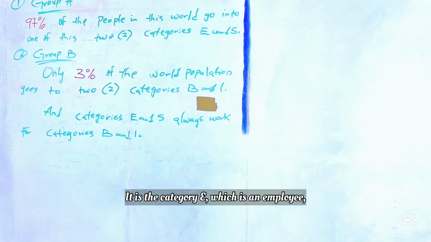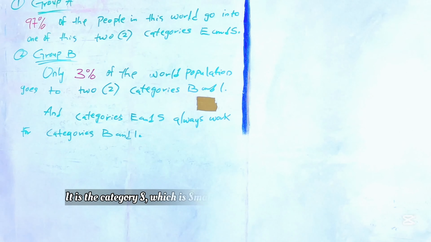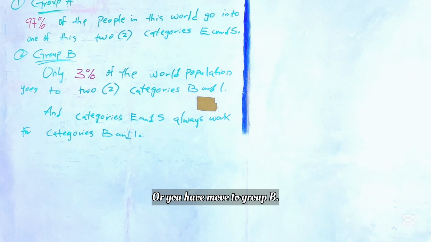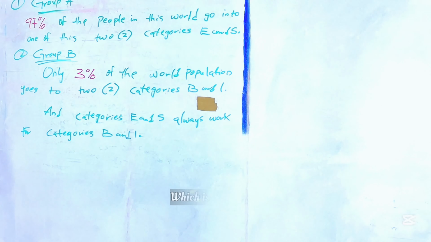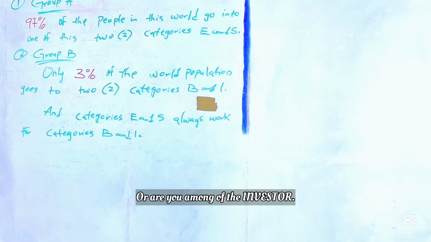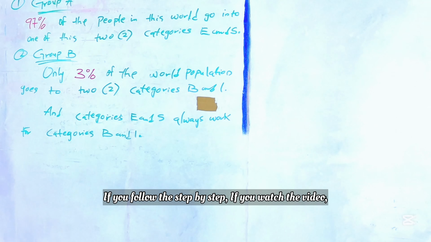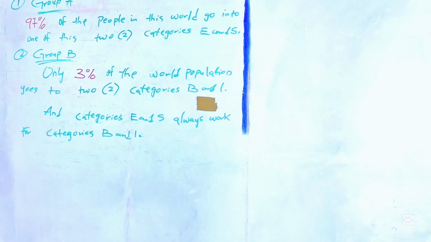Let me know in the comment section the category you belong to. Is it category E, which is employee? Is it category S, which is small business owner or self-employed? Or have you moved to group B, which is big business owner? Or are you among the investors? Let me know where you belong so that we can know. If you follow step by step, watching the videos one after the other, you don't rush.